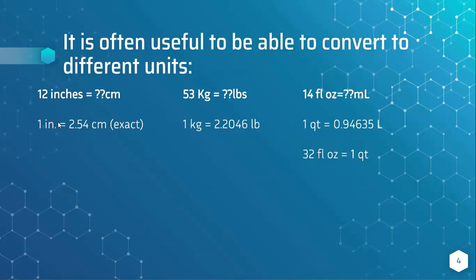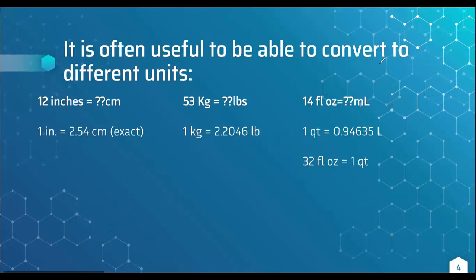So like I said, we're going to pull out this 12 inches. The conversion that we have is 1 inch is equal to 2.54 centimeters. We can set this up if we're going from inches to centimeters. We're going to want a conversion factor that looks like 2.54 centimeters per 1 inch.